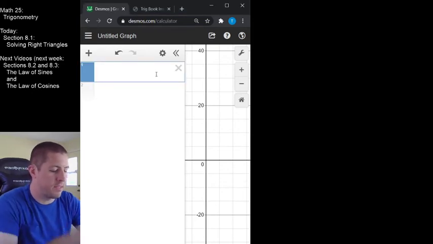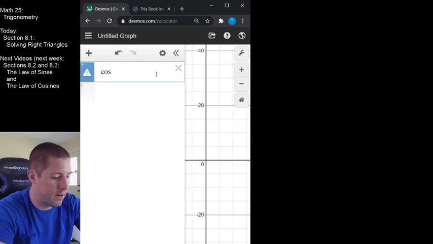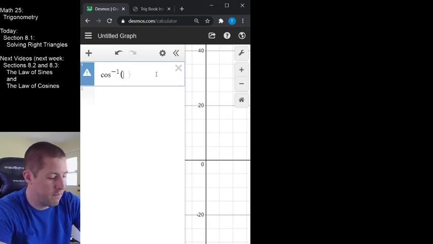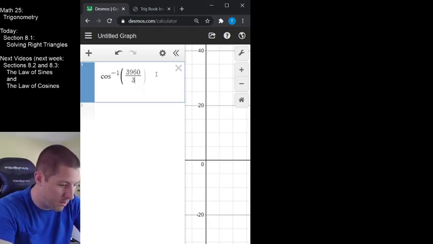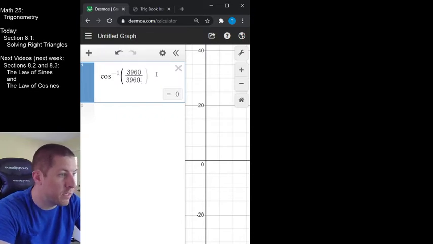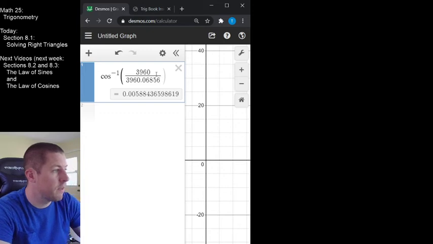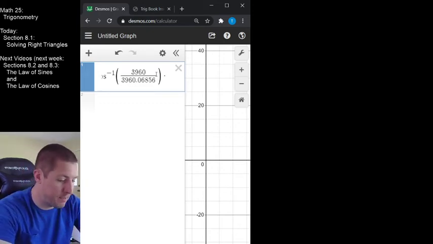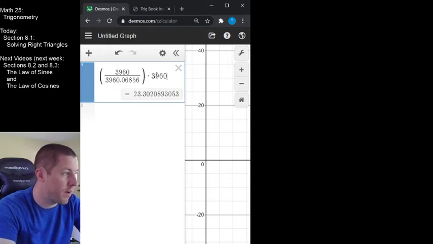Oh, I just didn't know, that was dumb. I just accidentally clicked the X right there. Cosine inverse of 3960 over 3960.06856. There we go, we're back. Now I can multiply this by 3960, the radius of the Earth.